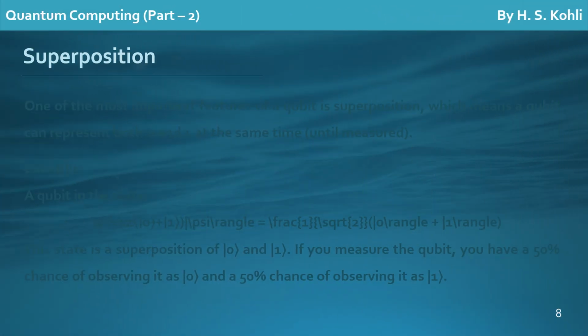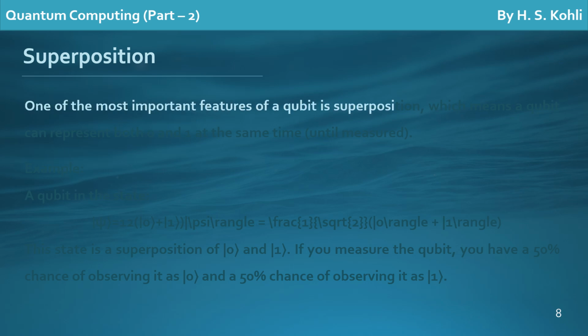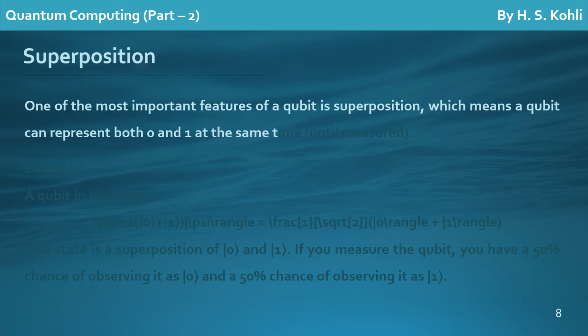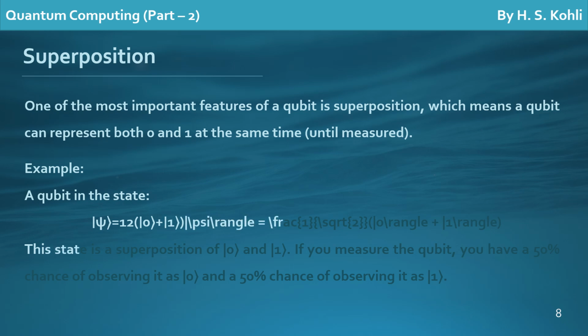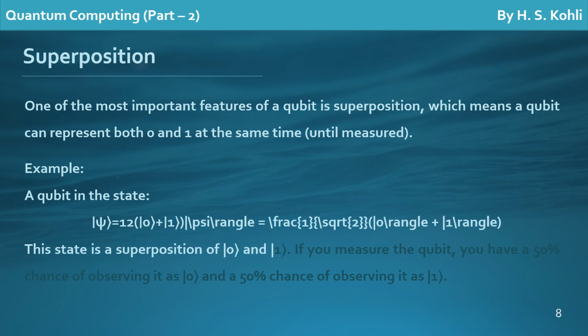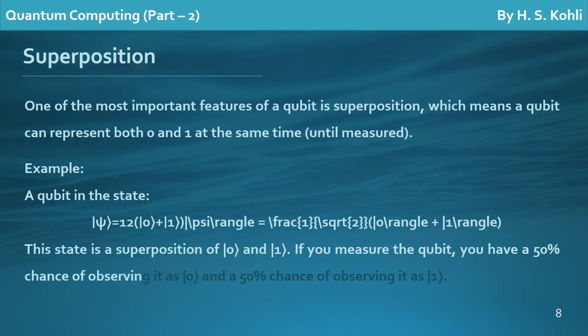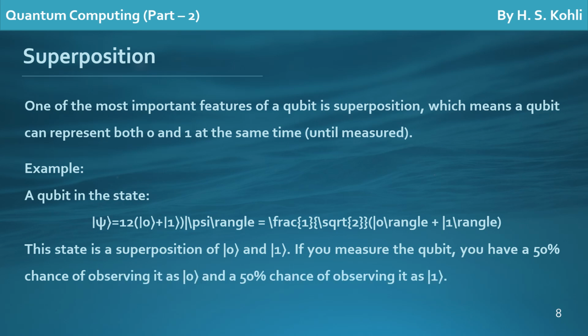Superposition. One of the most important features of a qubit is superposition, which means a qubit can represent both 0 and 1 at the same time, until measured. Example: a qubit in this state is a superposition of ket 0 and ket 1. If you measure the qubit, you have a 50% chance of observing it as ket 0 and a 50% chance of observing it as ket 1.